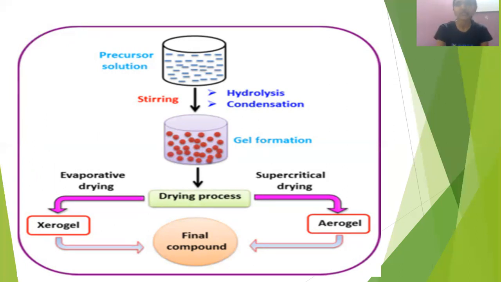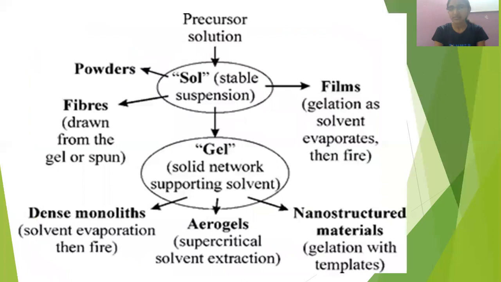First we are going to take a precursor solution, as you can see here. For the precursor solution, we can take aerogels, nanostructured materials, films and so on. These come under the precursor solution.